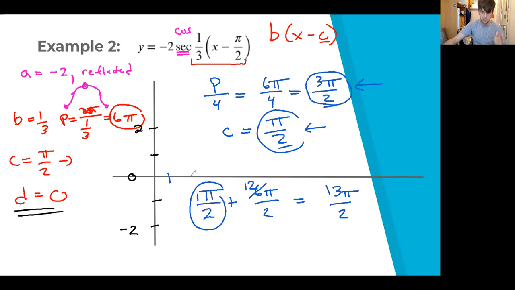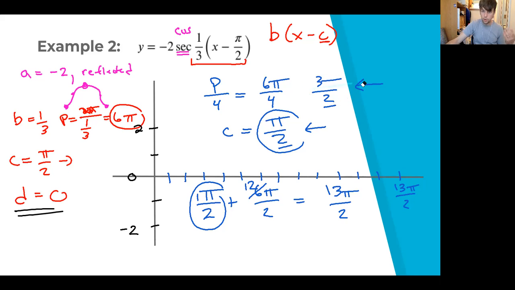So this is pi over 2, 2 pi over 2, 3 pi over 2, and I want to get all the way up to 13. 4 pi over 2, 5 pi over 2, 6 pi over 2, 7 pi over 2, 8 pi over 2, 9 pi over 2, 10 pi over 2, 11 pi over 2, 12 pi over 2, 13. Okay, got lucky there that I didn't run out of space, and I spread it out enough. So I'm ending there.